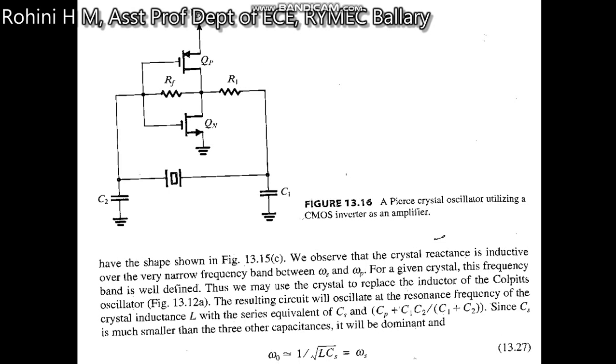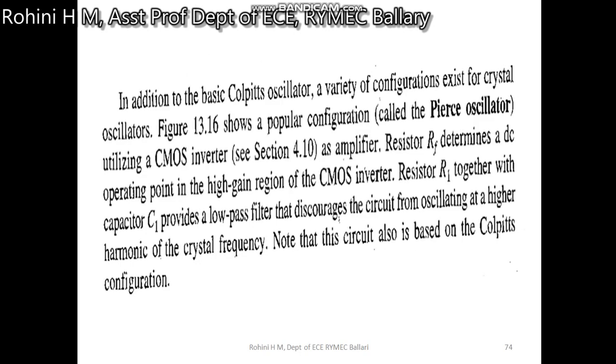The resulting circuit will oscillate at the resonance frequency of the crystal inductance L with the series equivalent of CS and this combination. Since CS is much smaller than the other capacitances, it will be dominant, and this frequency is given by 1 divided by the square root of L into CS, which is equal to omega S.